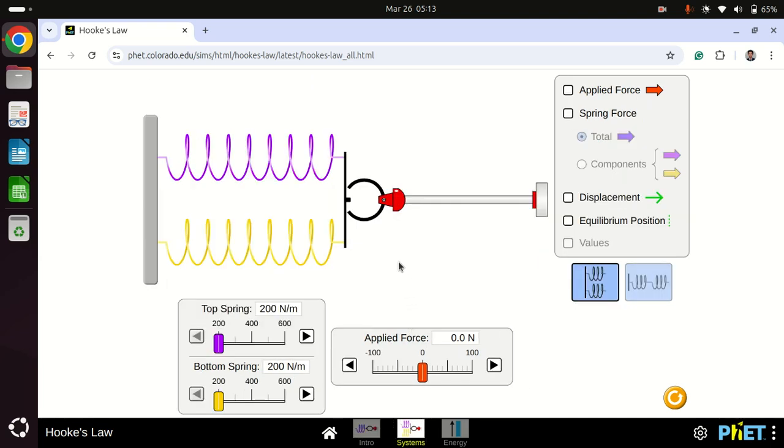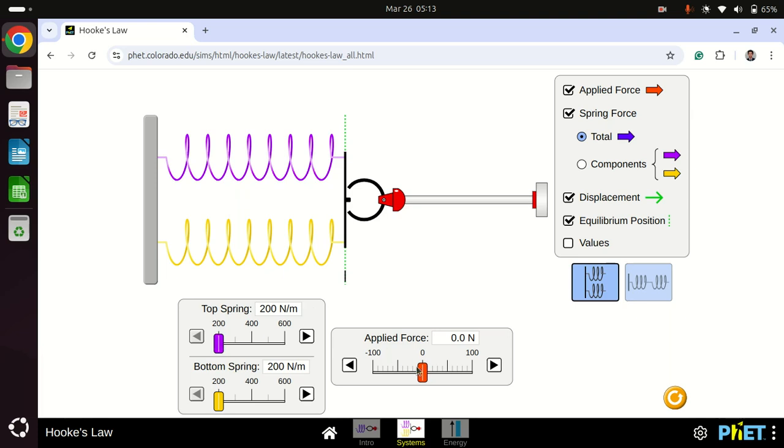Now here we have two springs attached parallel to each other, and now we are going to apply the force. Currently there is no force, and therefore displacement is 0. The equilibrium position and the original position are the same, and we can see the values, but we will see that later.